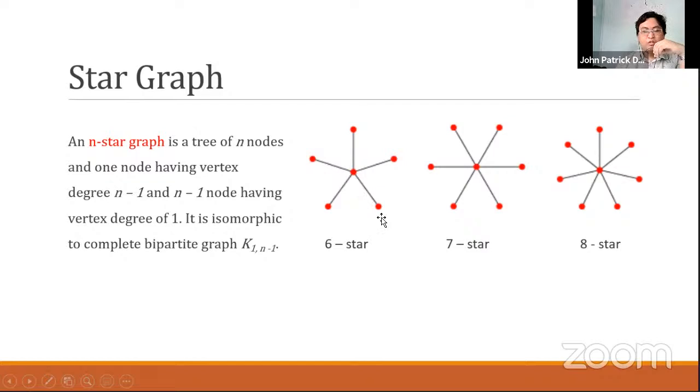If we convert this to a complete bipartite graph, the 6 star is K sub 1,5. So you can partition this graph into two sets: in the first set, the central vertex, and in the second set, the other vertices. In this example, we have the 6 star, 7 star, and 8 star.